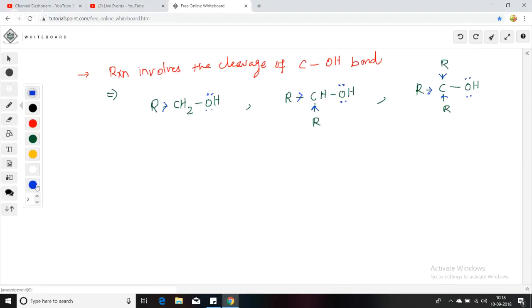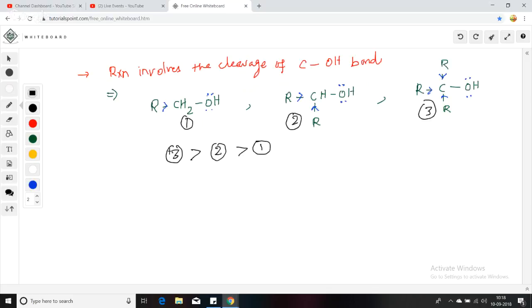So if I ask you the order in which the cleavage of C-O bond is easier, then the order should be what? Suppose this is the first compound, the second compound, and this one is the third compound. The cleavage of C-O bond is easier in tertiary alcohol because of three alkyl groups, then secondary alcohol, and then primary alcohol. This is the order we have.